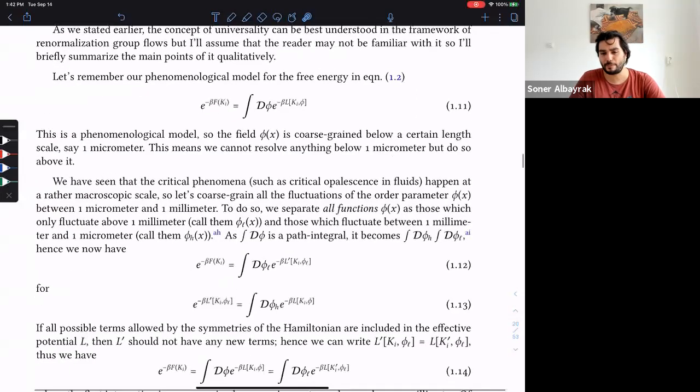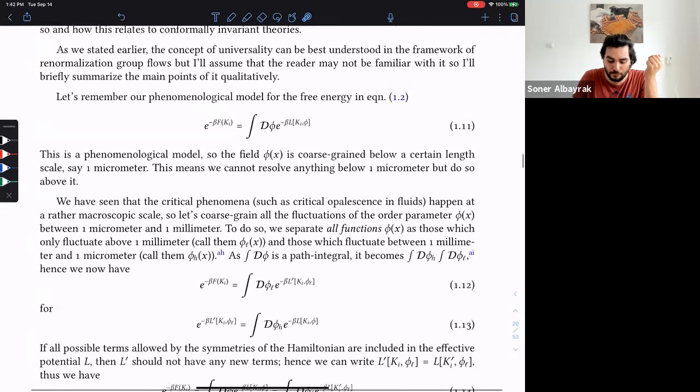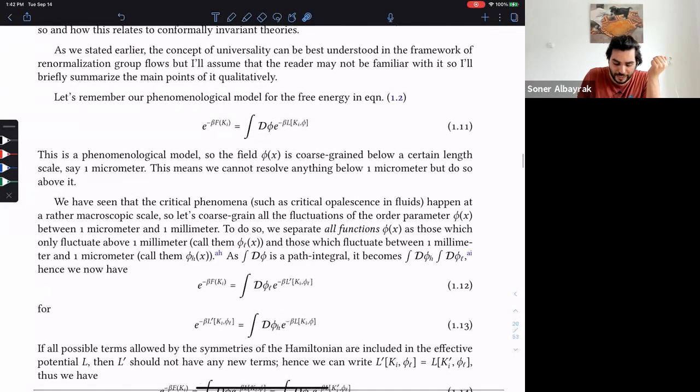The critical phenomena that we observe happen at quite macroscopic lengths, right? So for example, in fluids, the critical opalescence happens at lengths like 1 centimeter or 1 millimeter, whatever, actually like 10 centimeters, something like that. It's a huge thing that you can observe. So it really wouldn't matter whether we coarse grain below 1 micrometer or below 1 millimeter.